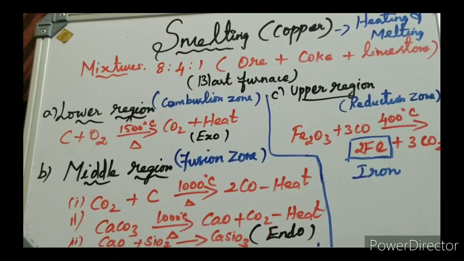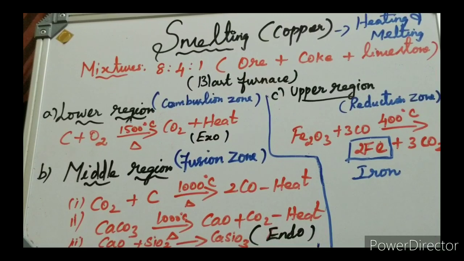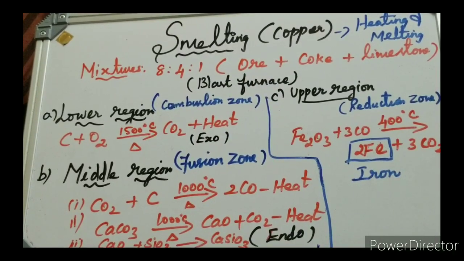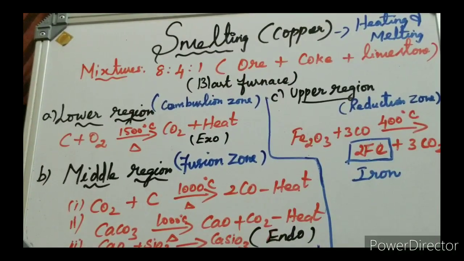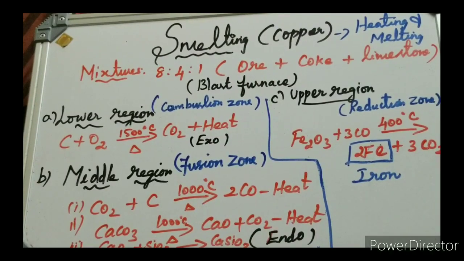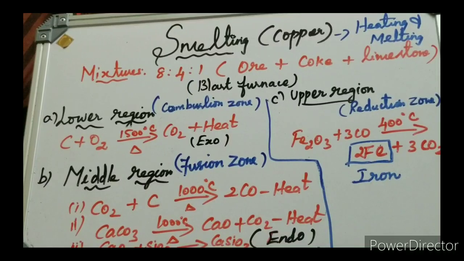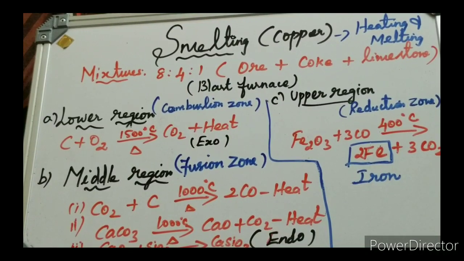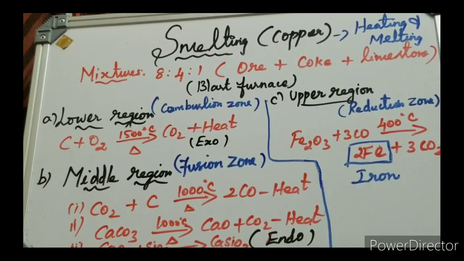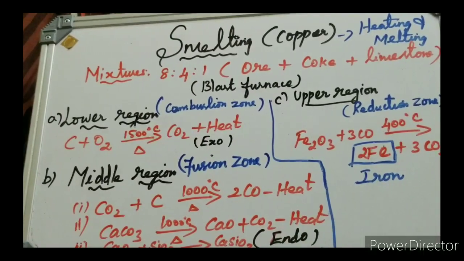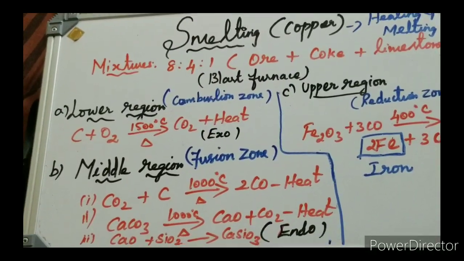So a reduction reaction takes place at 400 degrees Celsius. The ore, ferric oxide, is reduced into iron with the evolution of carbon dioxide. Carbon dioxide is a gas, so it can be easily removed.